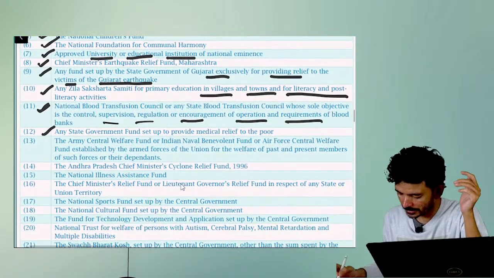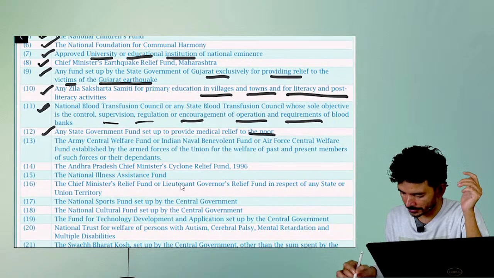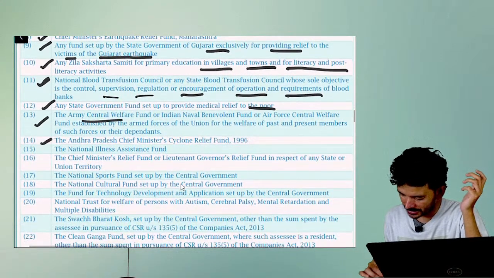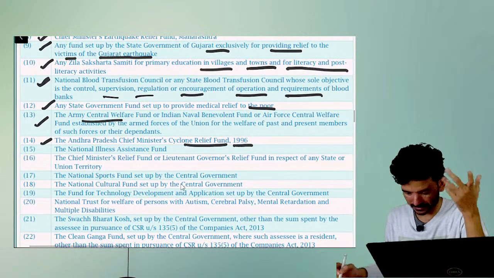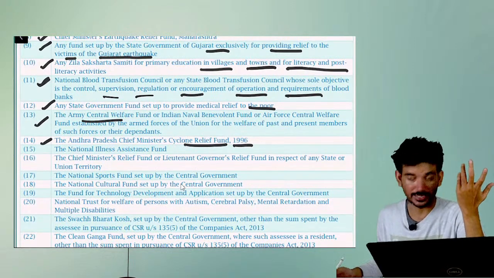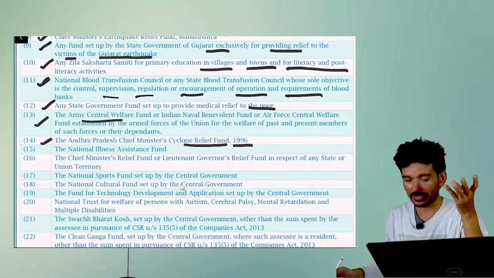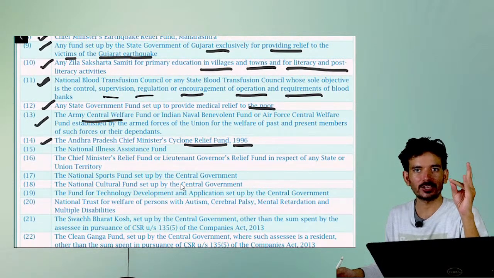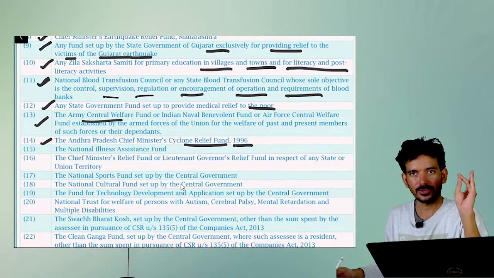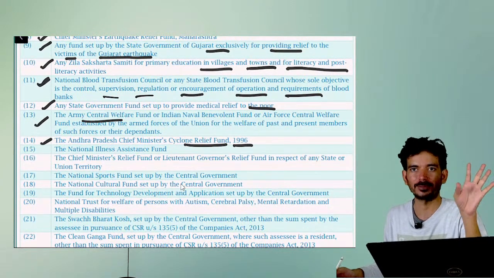Any state government fund set up for providing medical relief to the poor, any army related things. Andhra Pradesh Chief Minister's Cyclone Relief Fund 1996, that time there was a big cyclone. So if you are contributing anything for that: earthquake for Maharashtra we had, earthquake for Gujarat we had, and cyclone for Andhra Pradesh, our state.